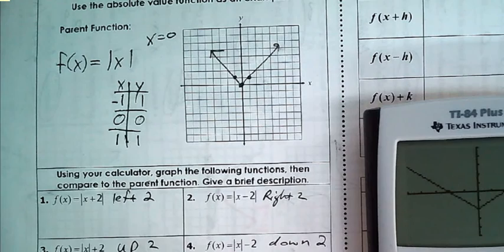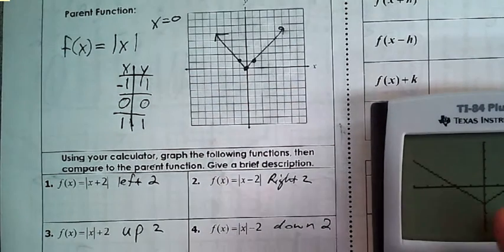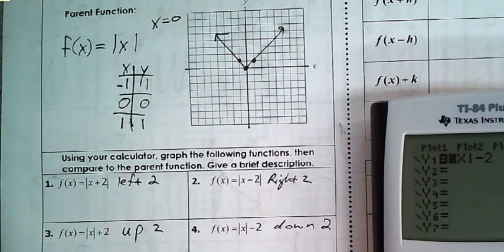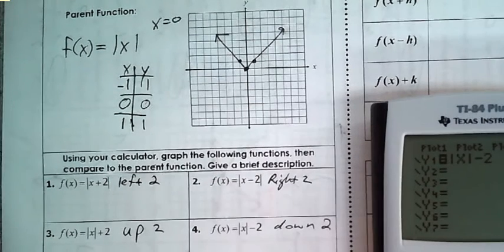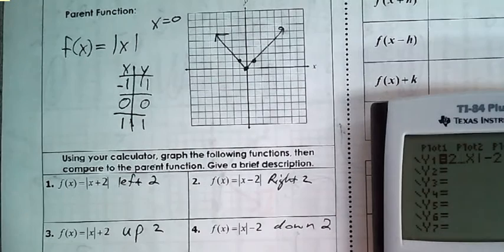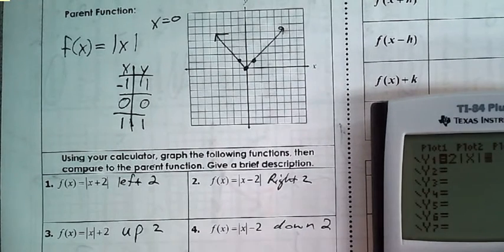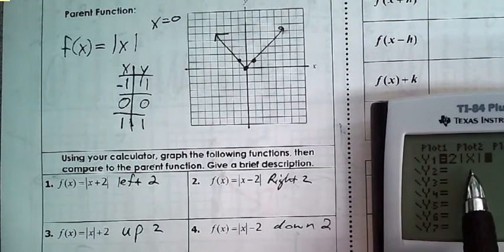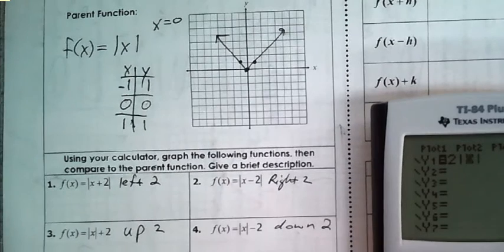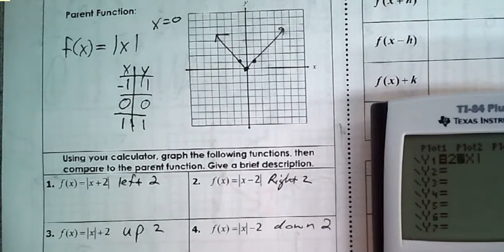Alright, I'll show you in a second. Alright, so look at number 5. If we go to y equals, we want to put a 2 in front of the absolute value of x. There's a quick way to do that. You do second delete, and that allows you to insert the 2. And then you delete the minus 2. So to put the 2 in front of the absolute value, make sure your cursor is at the very front of the absolute value.